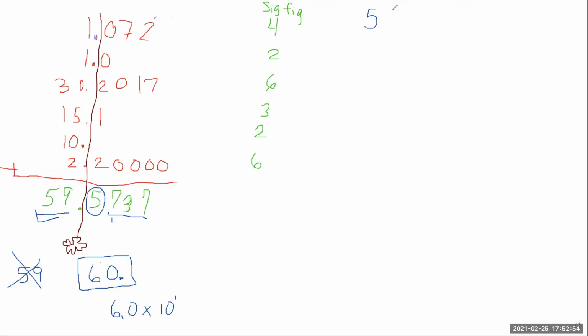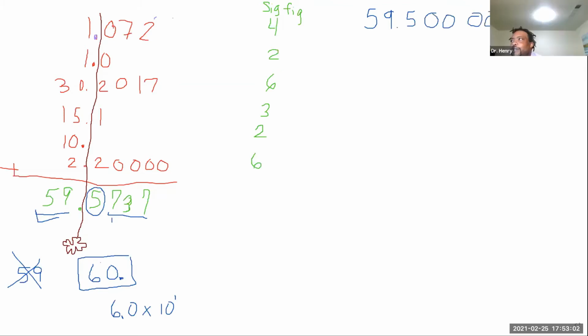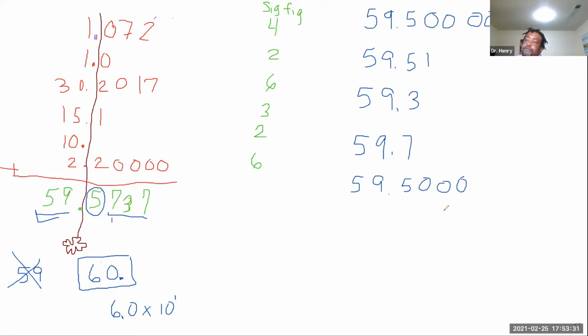Okay, so let's test this out since there's a little fuzziness. So let's say we had 59.5000002, 59.51, 59.3, 59.7 and 59.500.